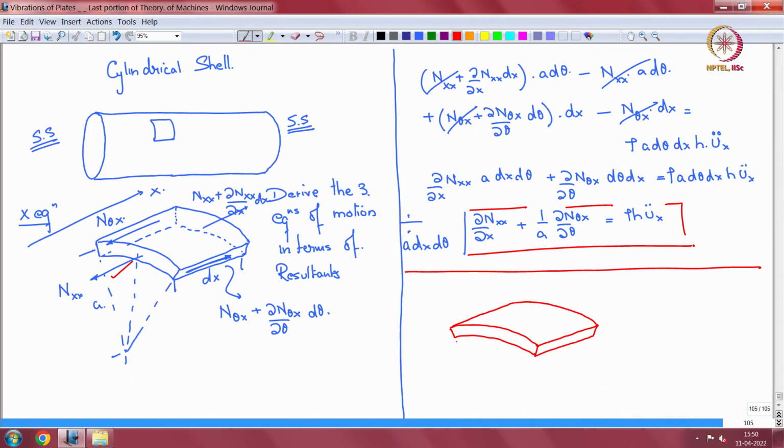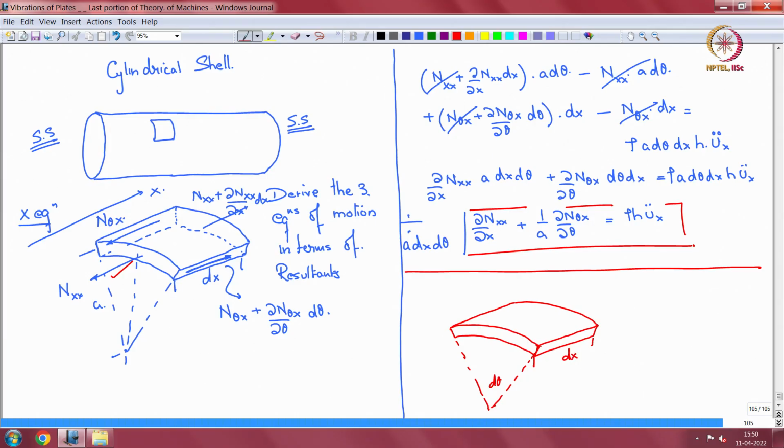So this again is the angle d theta. Okay, I'll force it here, d theta. This length is dx.